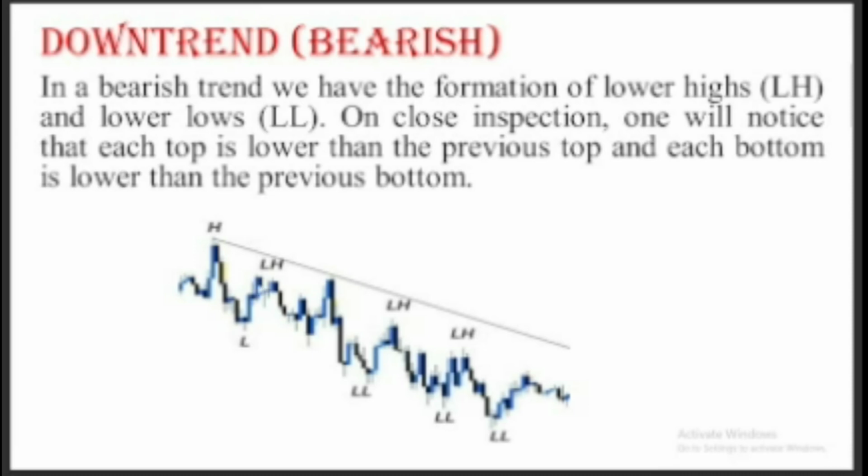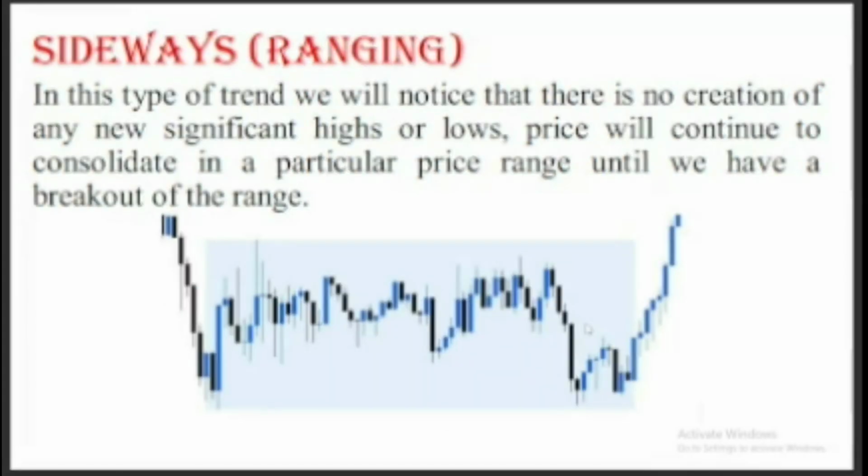As you can see, we have lower high, lower low, lower high, lower low, lower high, lower low. This is a downward trend. In this condition, we can say that this market is moving towards one particular direction, which is the direction of the downside. So we have the sideways trend, which is also the ranging market.